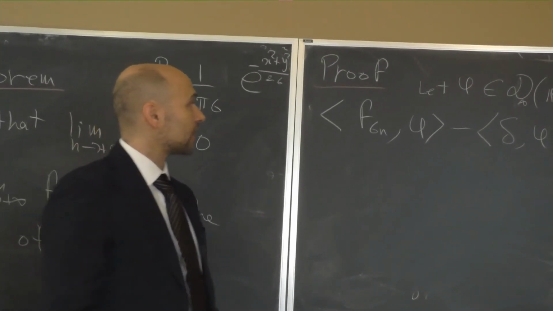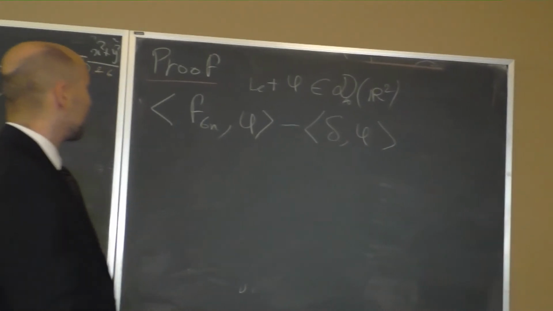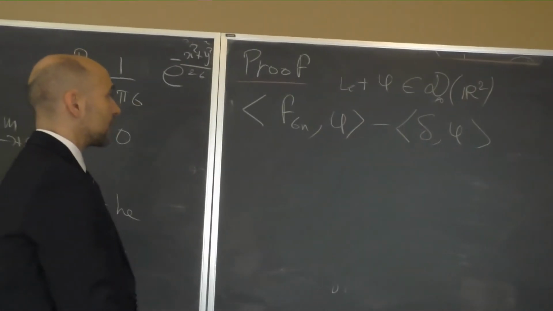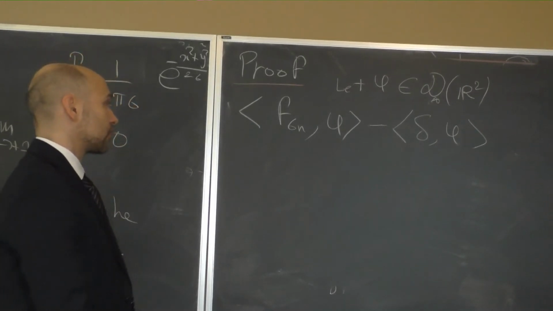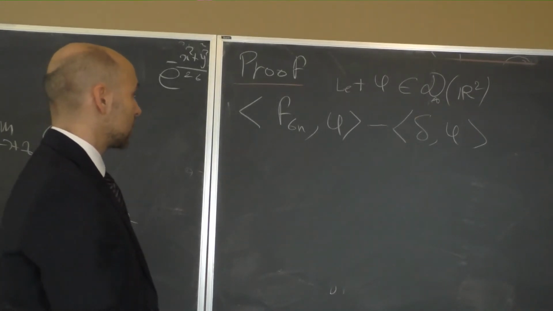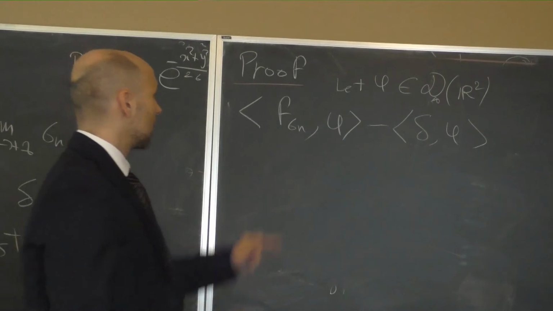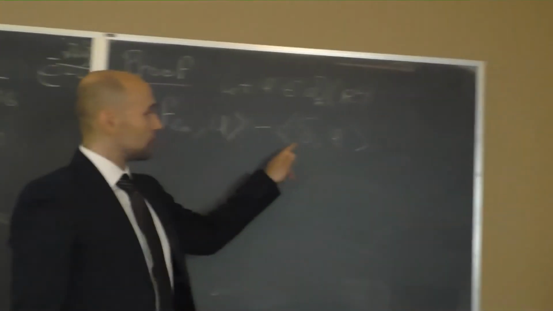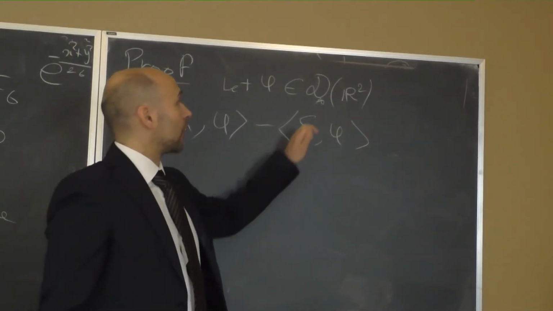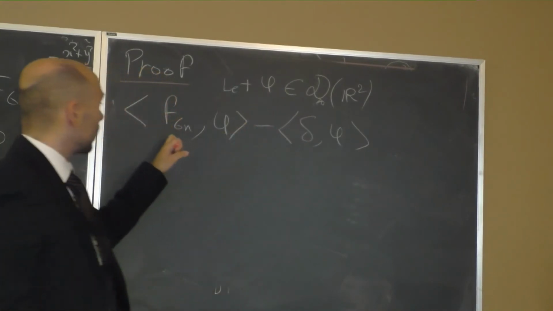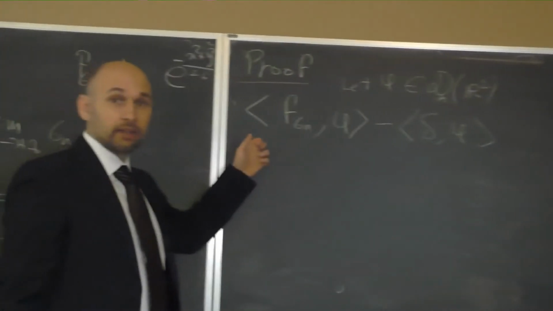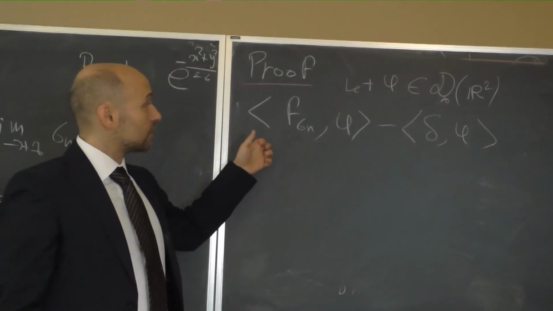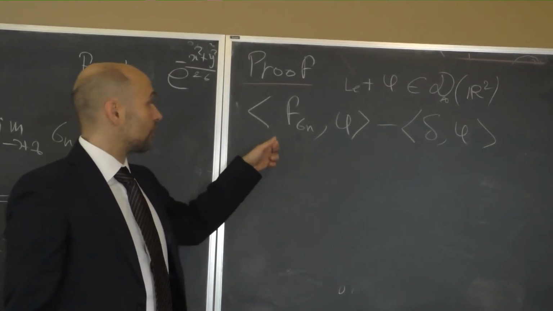Meaning that f sigma n converges to my Dirac in the sense of distribution is saying that for every fixed phi, this quantity goes to this one. So I want to prove that this is converging to 0.